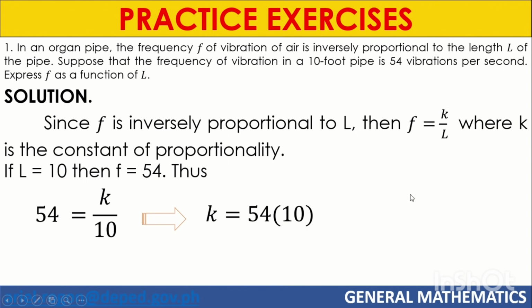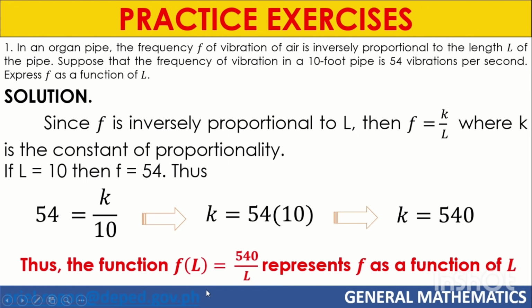So now, babalikan natin yung function na yon and then ilalagay na natin yung constant. So that will be, okay, F of L is equal to 540 over L. So this is now the function of this problem. No? F of L is equal to 540 over L.